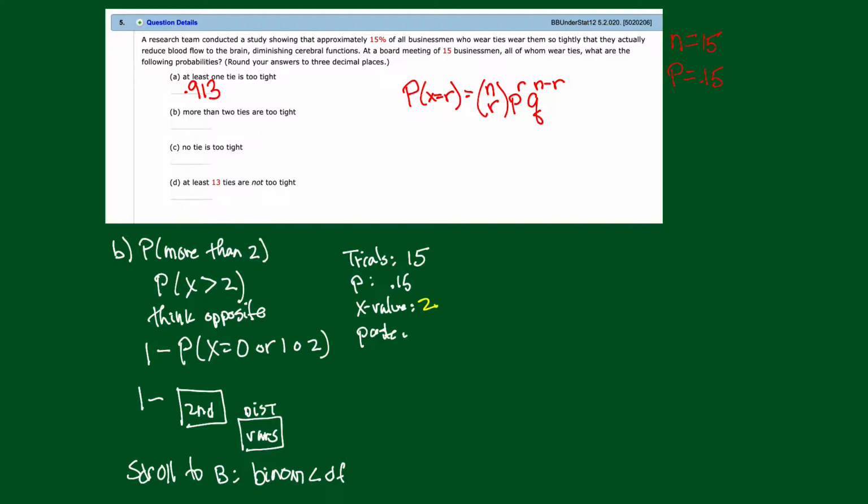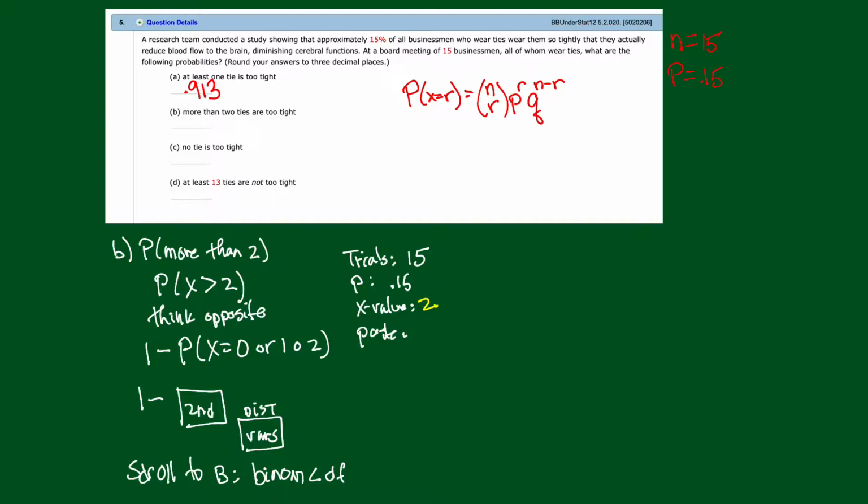The X value is going to be this value right here. That's why I always write it down. It's going to be 2, for 0, 1, or 2. This is an accumulator, so it goes from 0, 1 to 2. The way the calculator is programmed, it starts at 0 and goes up to whatever number you have in there. So type in a 2, press paste.